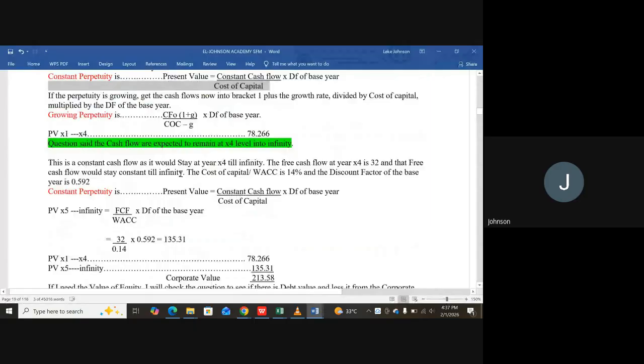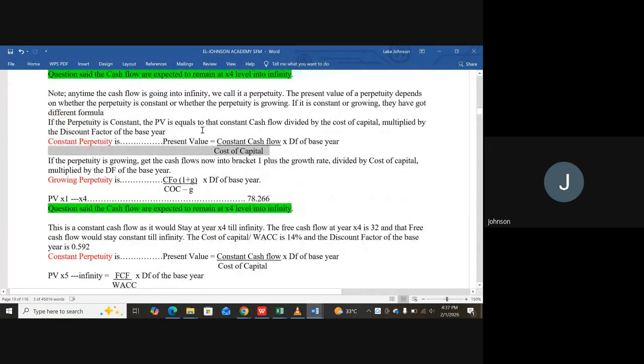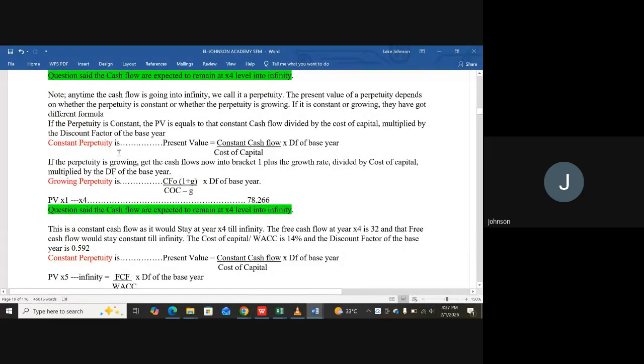Now, I was trying to tell you that the difference between a constant perpetuity and a growing perpetuity is only the growth. So learn the constant perpetuity alone. If you learn the constant perpetuity alone, then to get the growing perpetuity, just add the growth rate to the cash flows and subtract the growth rate from the cost of capital, and you have already gotten the growing perpetuity.